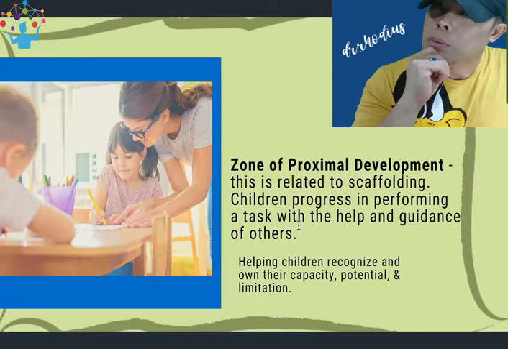I'm still capable of doing this, but at the same time, this is my specific limitation. On the other hand, by being able to master a specific step, later on the child will be able to work independently, side by side with a very strong interaction and relationship with the people around him or her.